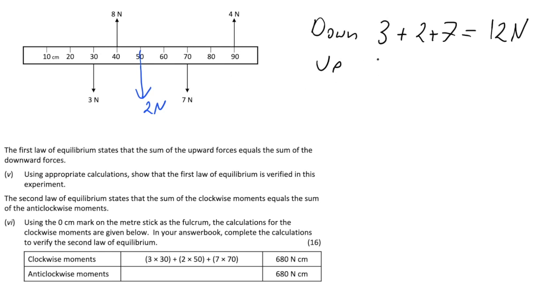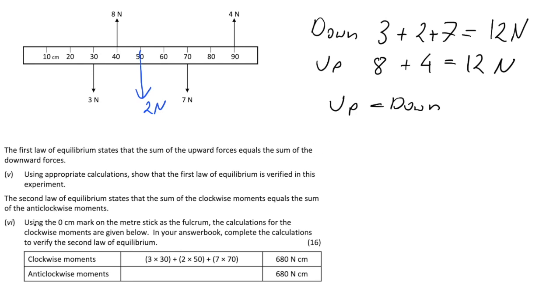So the forces acting upwards are 8 plus 4 equals 12 newtons. Here we can see that downward forces are equal to 12 newtons and upward forces are equal to 12 newtons, which says that the law of equilibrium is verified. Let's write down up equals down, and we get full marks.